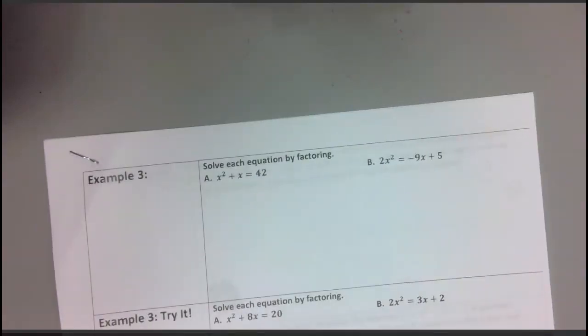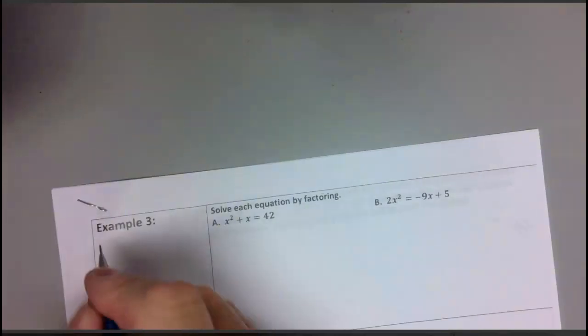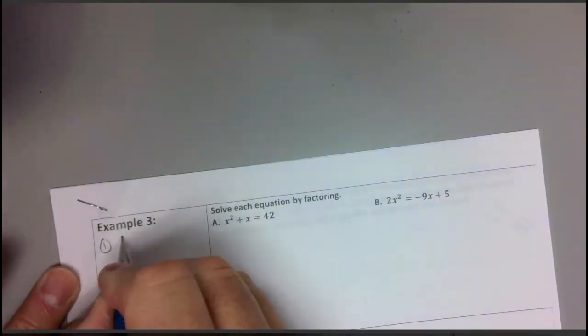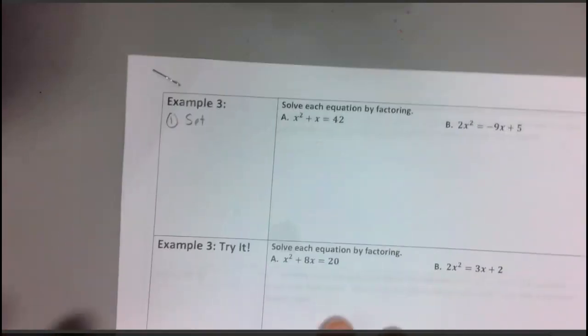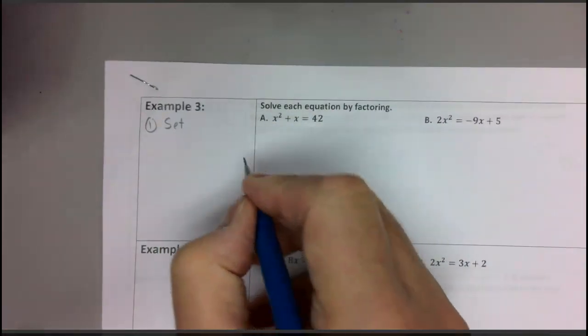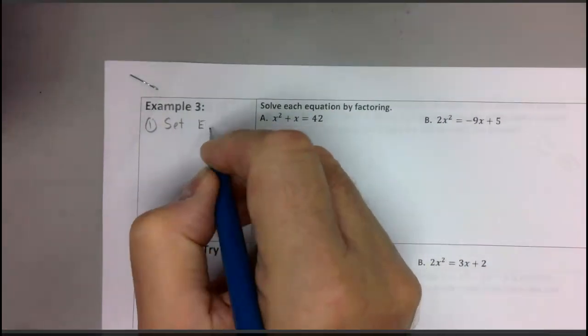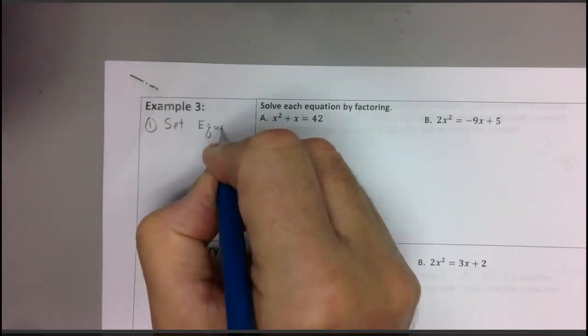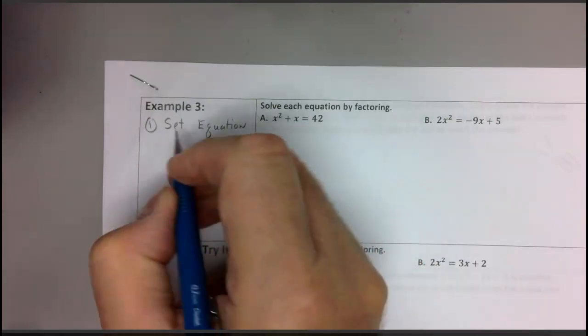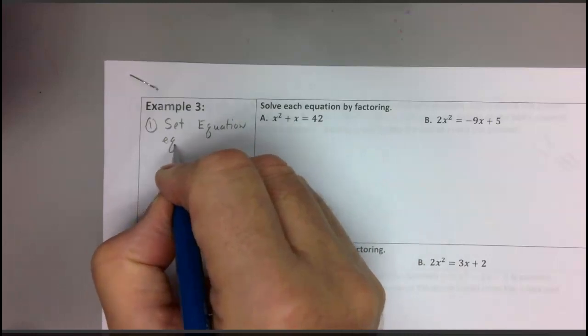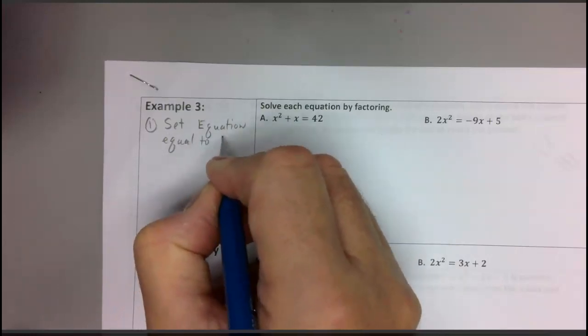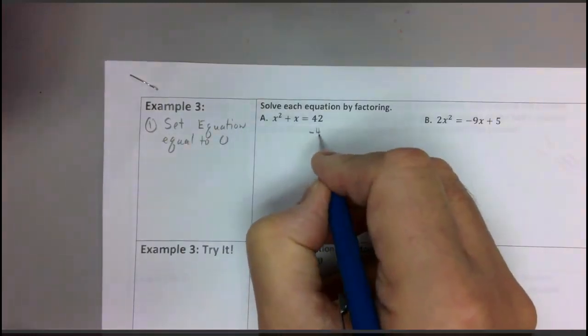Okay, so solve by factoring. So the first thing you have to do to solve by factoring is set the equation equal to 0. So on this one here, we're going to have to subtract 42.